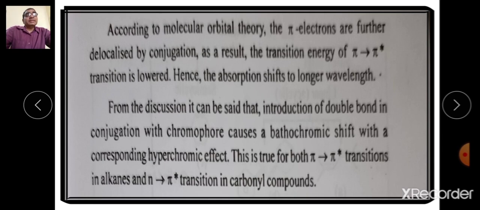The UV-visible band is shifted towards the longer side, and this effect is also observed in both pi to pi star transitions in alkenes and n to pi star transitions in carbonyl compounds. When these are present in the molecule, the shifting of wavelength towards the longer side takes place.